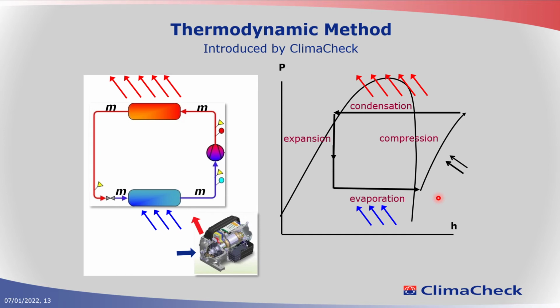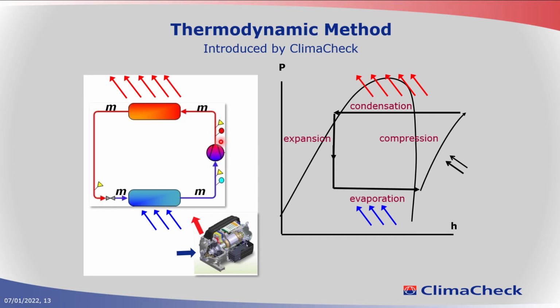We do not add a mass flow meter. What we do is use the compressor as a mass flow meter. We are measuring the electrical power input to the compressor. We know how much power we are adding. We know the enthalpy state here. We know the enthalpy state here. That means with the enthalpy difference between those points and the power input that we are measuring into the compressor, we can then calculate the mass flow over the compressor.